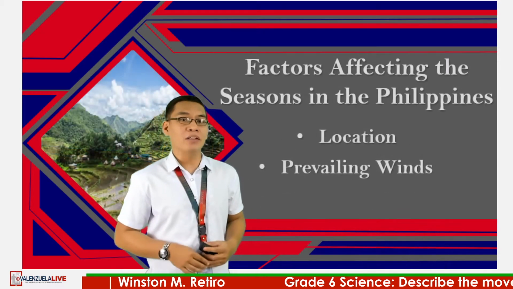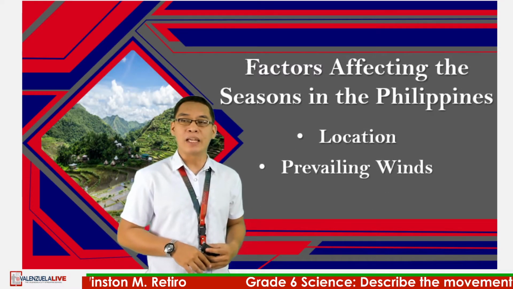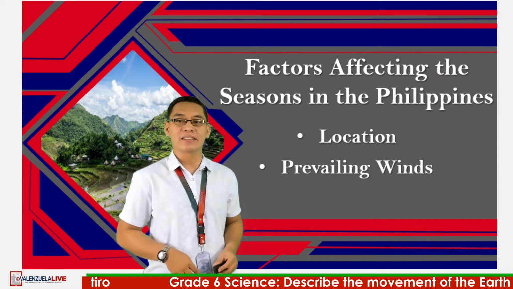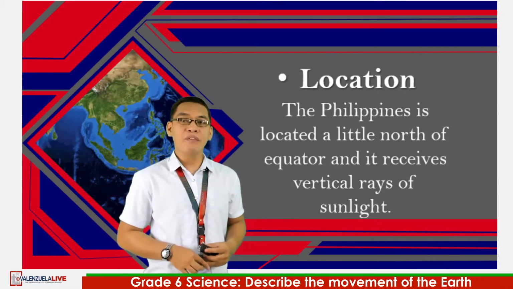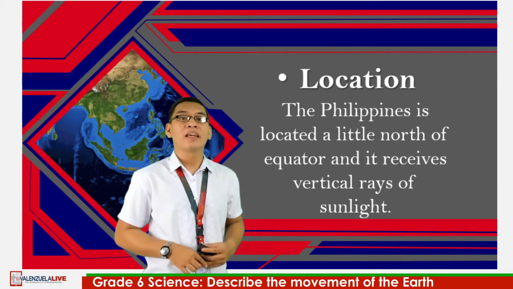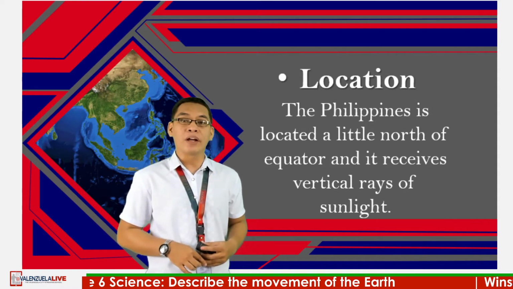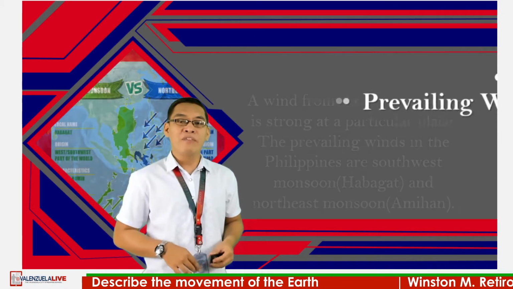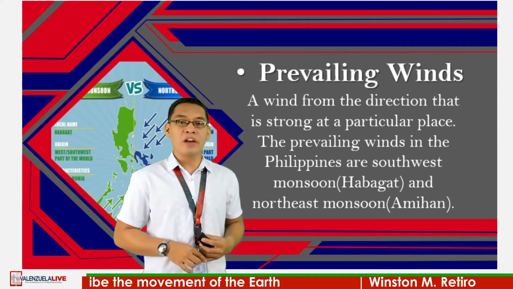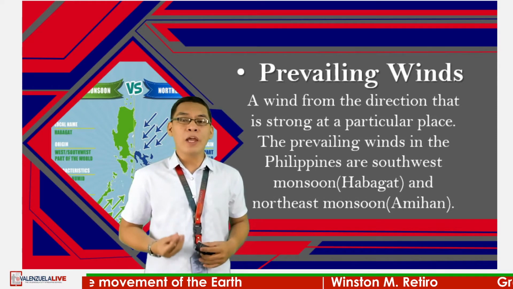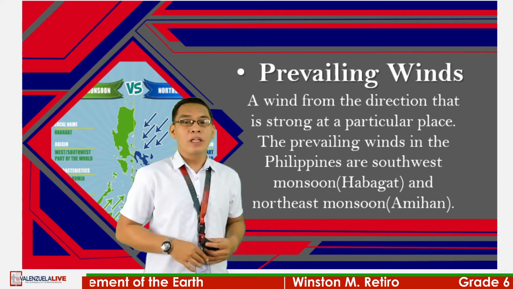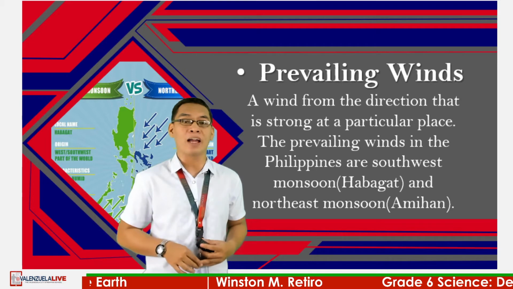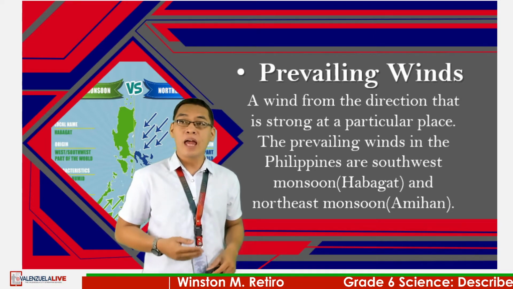There are some factors affecting the seasons in the Philippines: the location and the prevailing winds. The Philippines is located a little north of the equator and it receives vertical rays of sunlight. Prevailing winds are winds from the direction that is strong in a particular place. The prevailing winds in the Philippines are the southwest monsoon or habagat and the northeast monsoon, amihan.